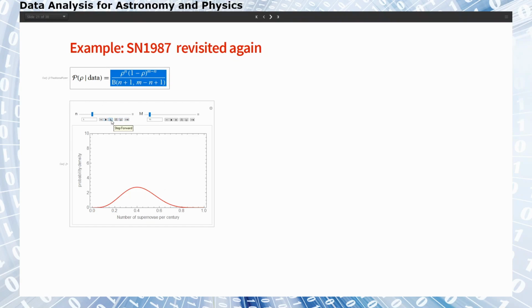If we had 5 supernovae, it would be centered at 0.5. If we had 6, it would be centered at 0.6, and so on. If we had 10, it would be centered at 1 and look like this here.